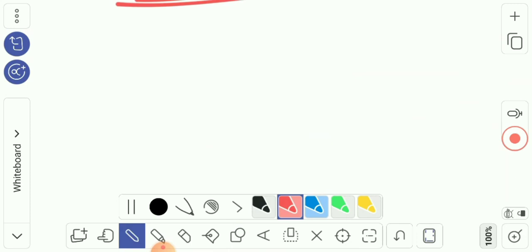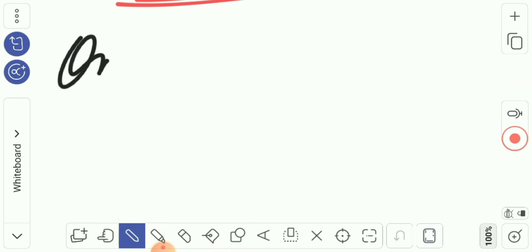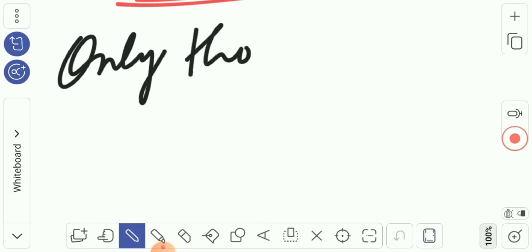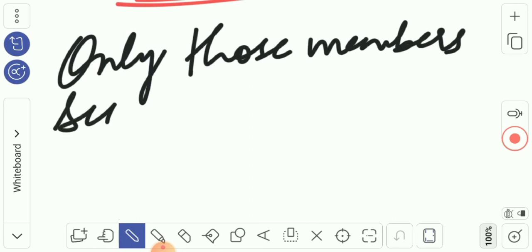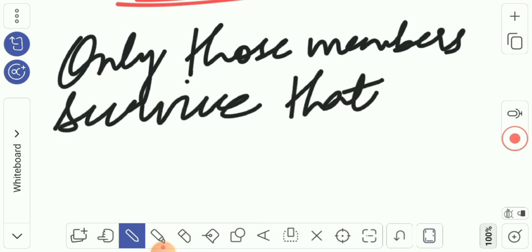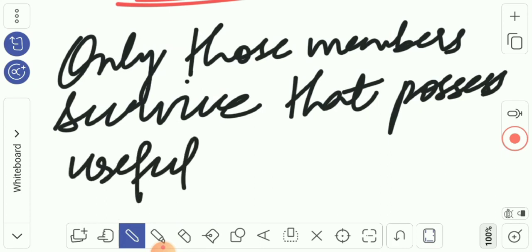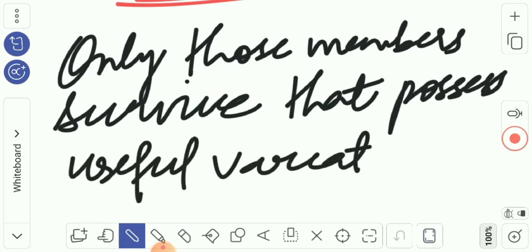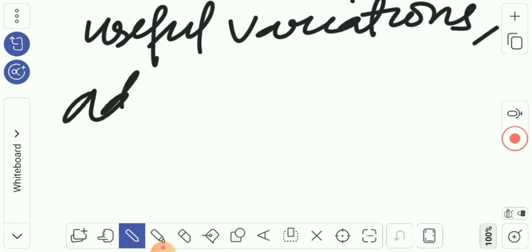Okay, so only those members survive that possess useful variations and adapt quickly.